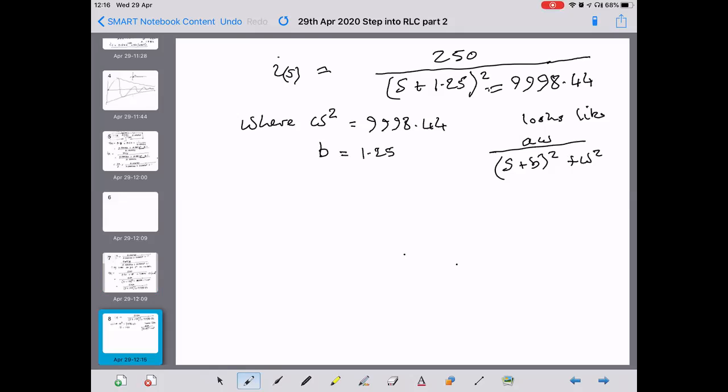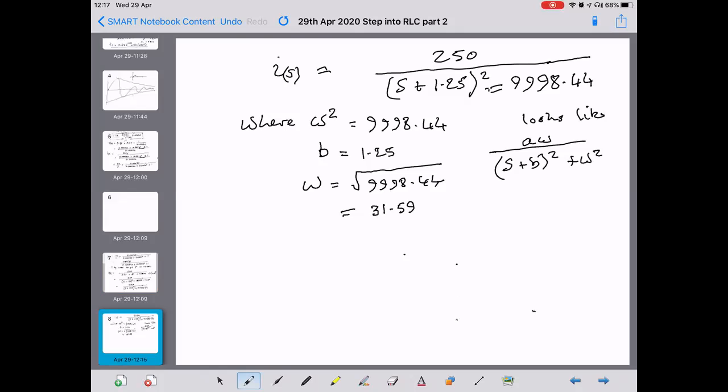Omega is equal to the square root of 9998.44, which equals 31.59.